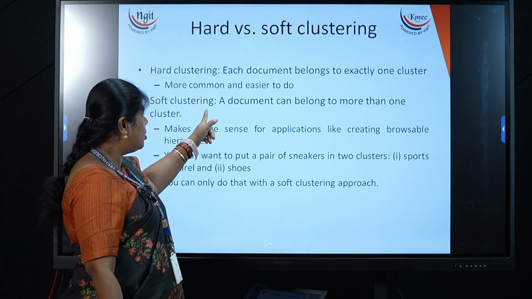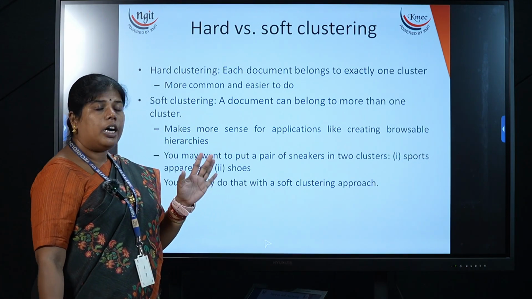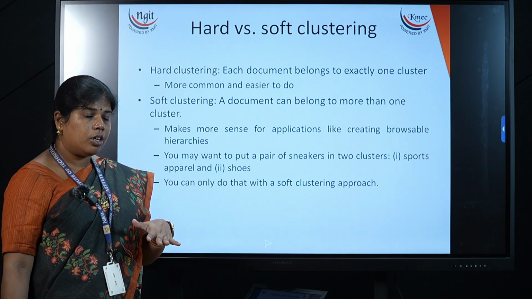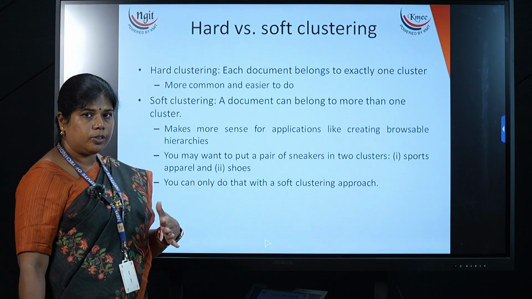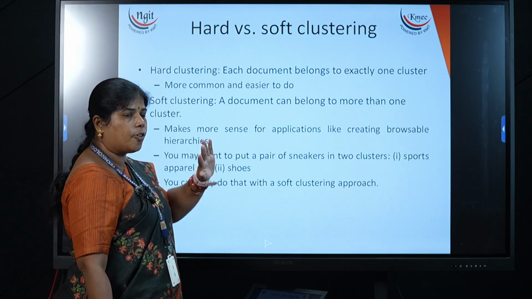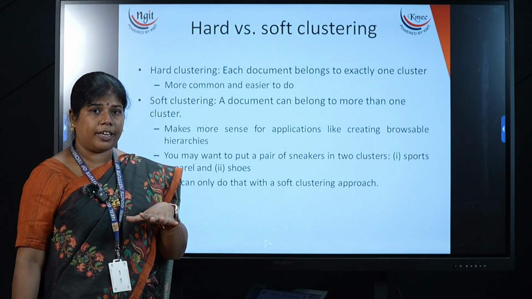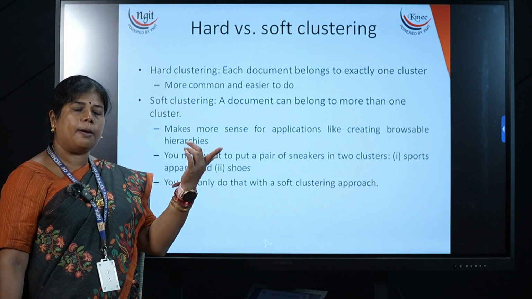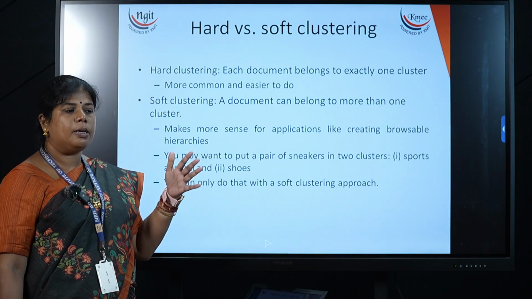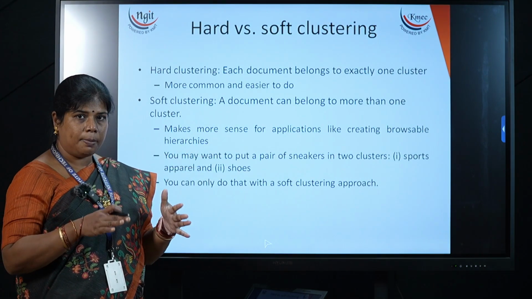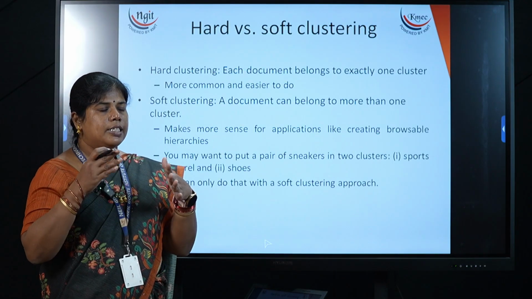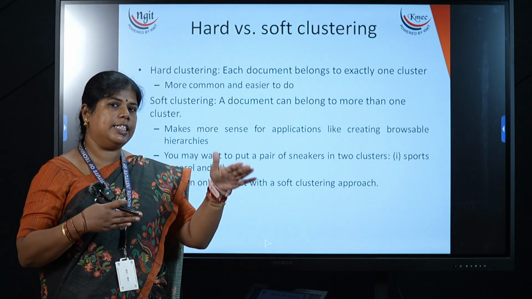The next one is soft clustering. A document can belong to more than one cluster. For example, a person may act as a faculty in a college, may be an employee in a bank, or may be a society member. So the same person's information is repeated in these three places.